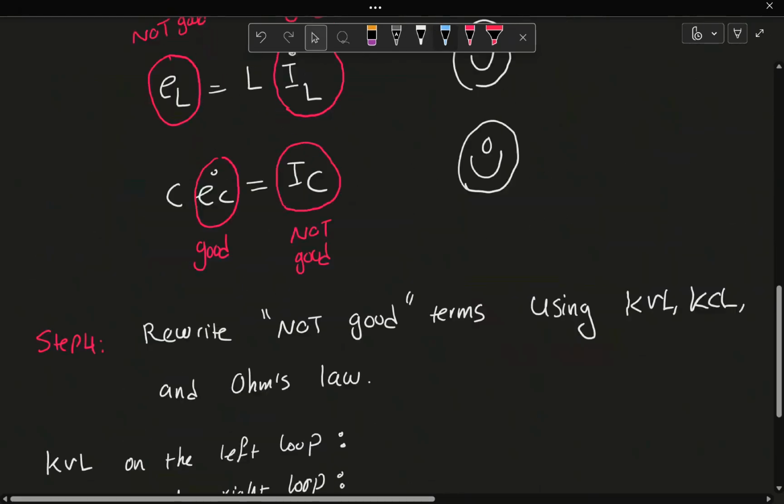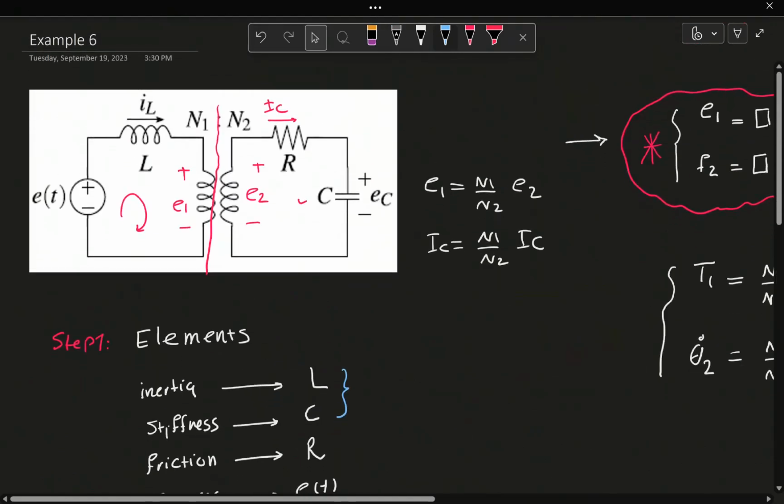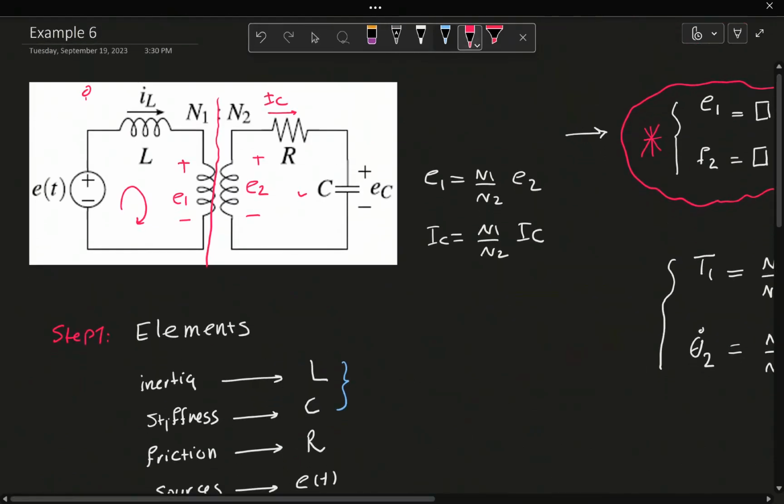so let's go ahead and walk on this circuit in the direction of the current that is shown, IL. Since I am moving in the same direction of the current, the voltage across the inductor drops.